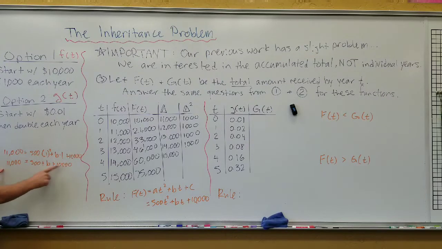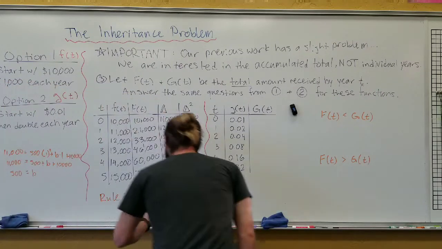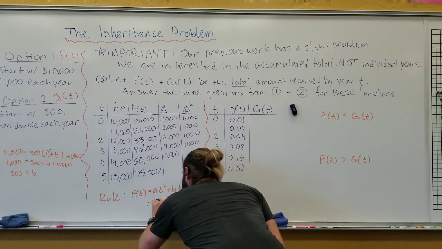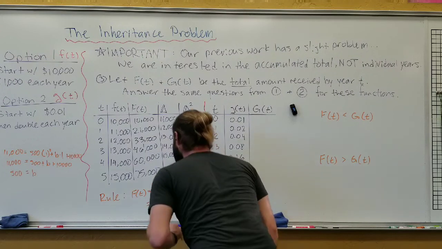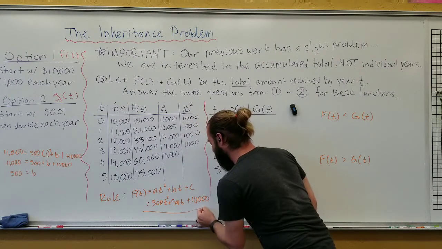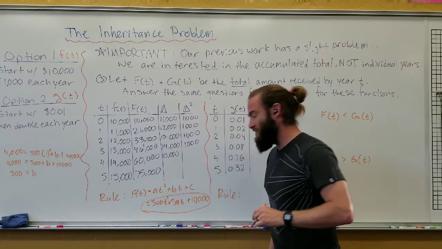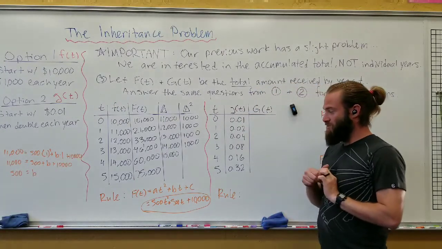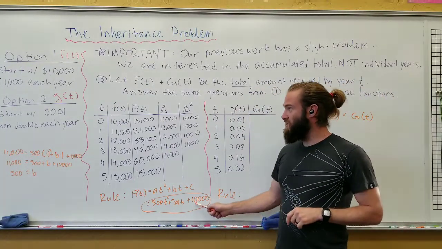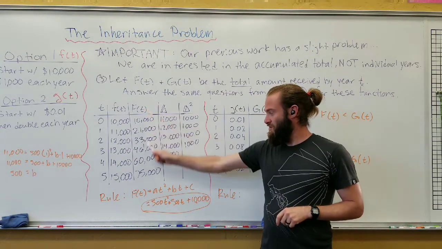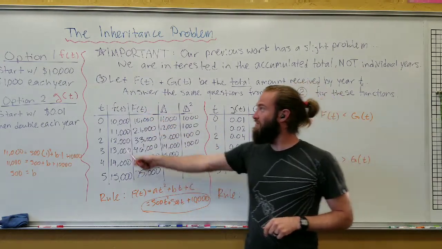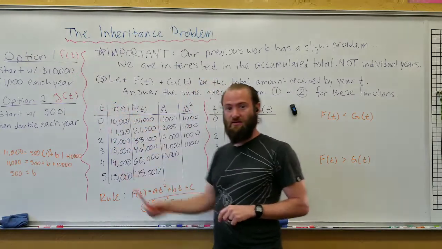And let's see, if I subtract 10,000 from here, I get 1,000, and then subtract 500, I actually get 500 again, and 500 equals b. So it turns out a and b are both 500, and we get 500t squared plus 500t plus 10,000 is my function for the accumulation under option 1. Does that make sense?